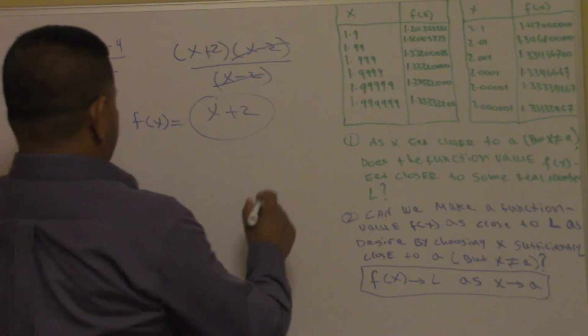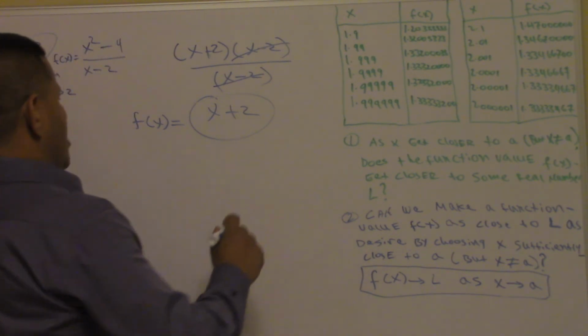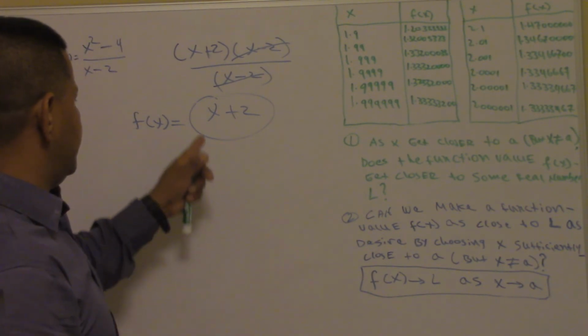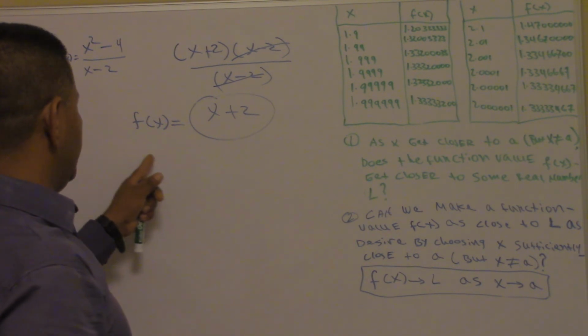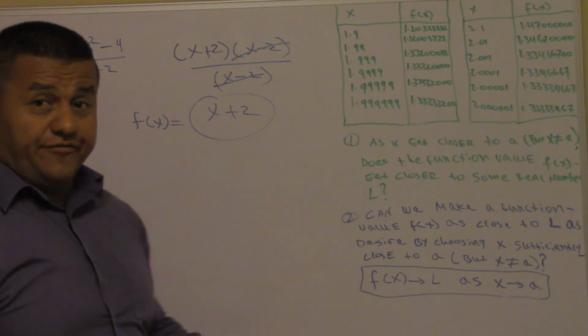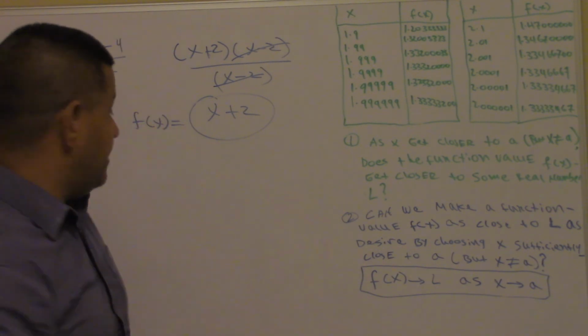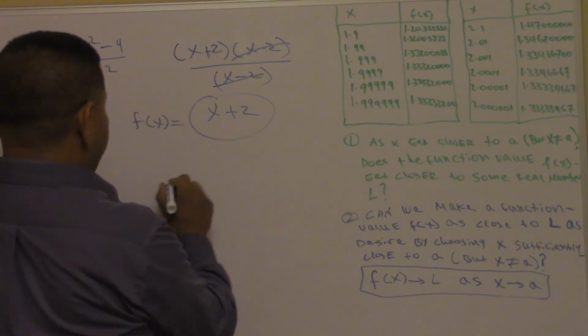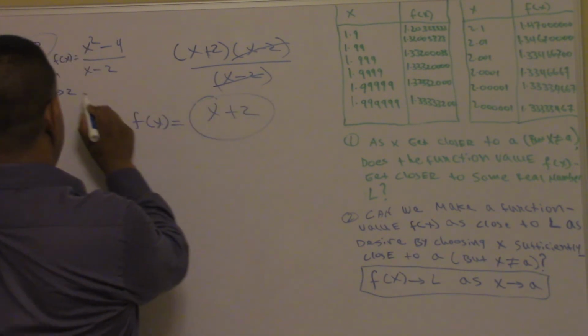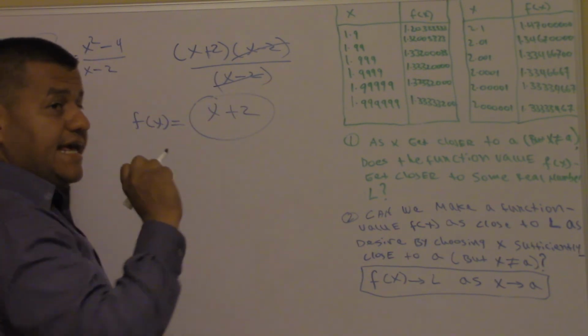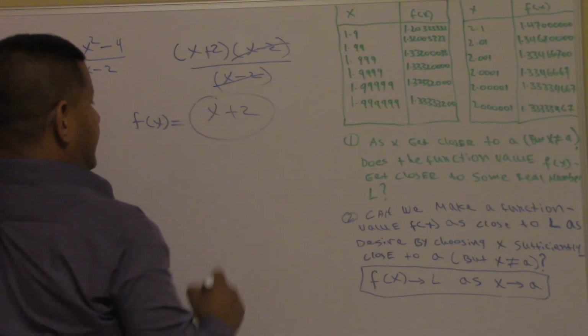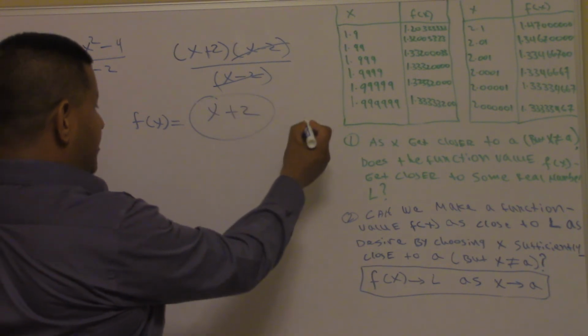If you want to graph this, I'm going to do exactly the same thing as I did in the last example, but in this case, I have no problem substituting the 2 exactly at x equal 2, because I have a straight line. I don't have to divide by 0 in this one.